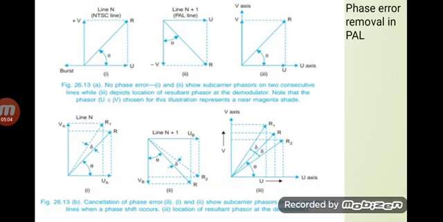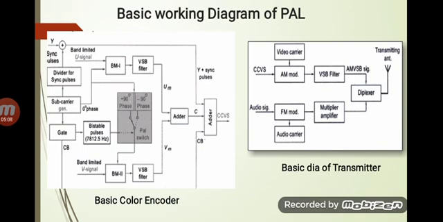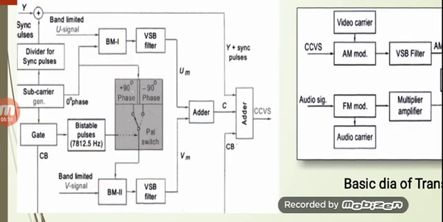So let me summarize this. We have two kinds of signal here in PAL system. One is signal U, another is signal V. U signal is modulated as it is, that is without any kind of phase shift. But when we modulate signal V, now what we have done in NTSC is that we have modulated the other signal with plus 90 degree only.